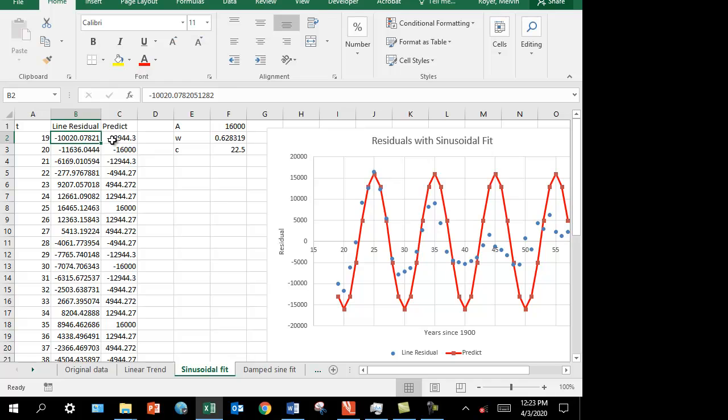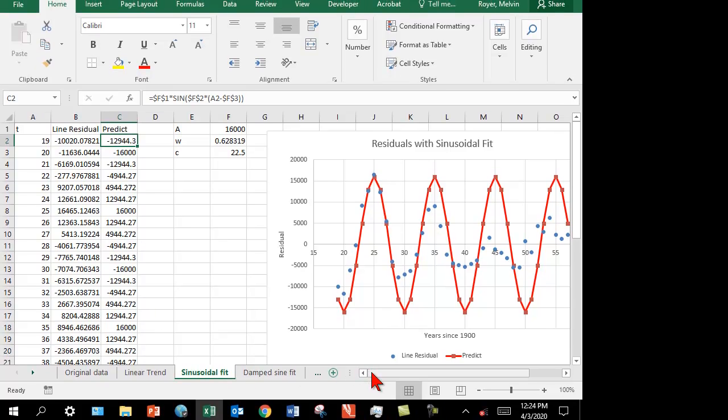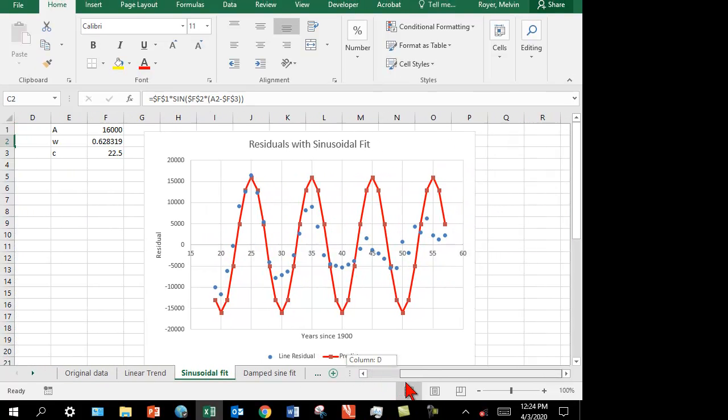And now here are my predictions where I have A times sine of my omega times the quantity T minus C. Notice there's a mix of relative and absolute addresses here. I do that and copy down, and here are my predictions for the residuals, for the linear residuals.